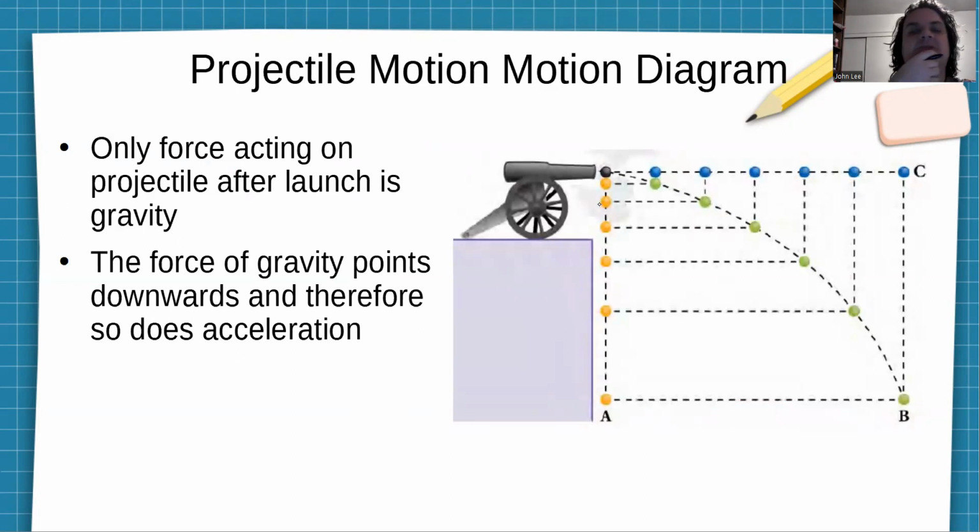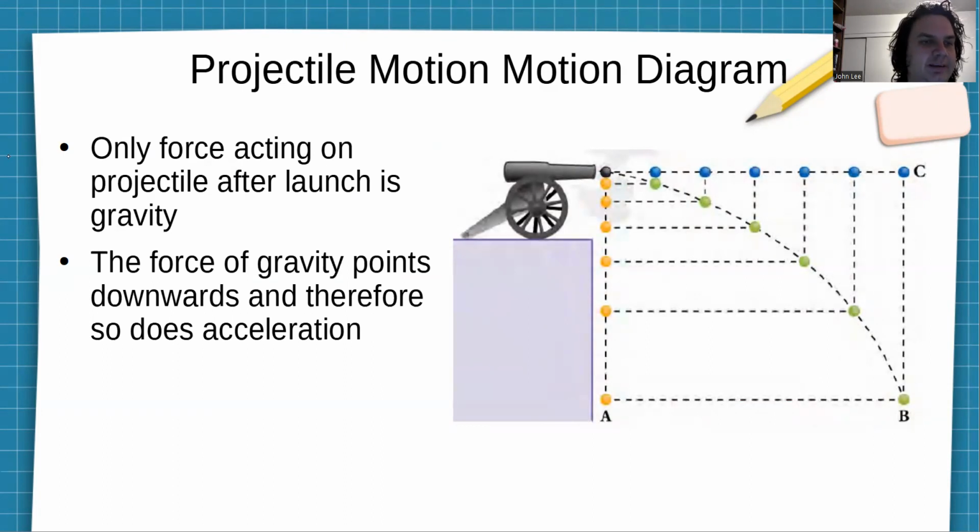So projectile motion is what we actually talk about when we get onto the point of what motion is in 2 dimensions, and it's going to be kind of the only thing that we talk about when we talk about motion in 2 dimensions. But in projectile motion, the only force acting on the projectile after launch is gravity.